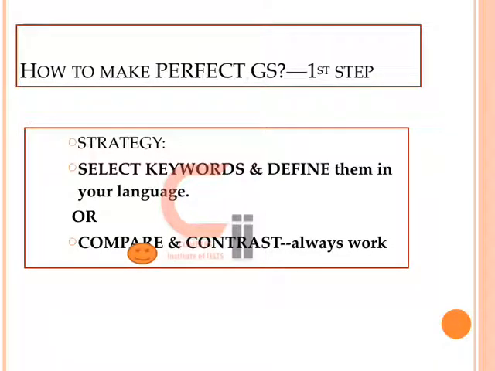But the second one is always effective, that is compare and contrast. For example, if you are not getting any keyword, you don't know how to define the statement or how to start the topic, do not panic at all. Use this strategy: compare and contrast. Read the topic and compare the scenario with the past or ancient times, like how it used to be.